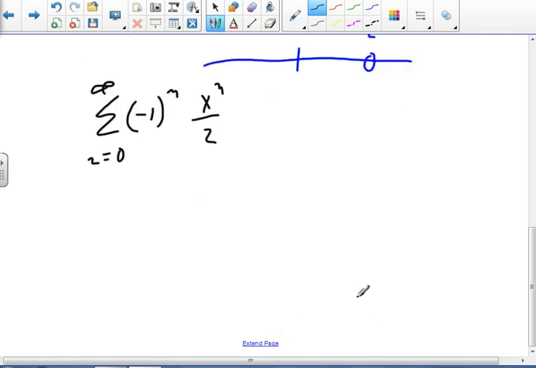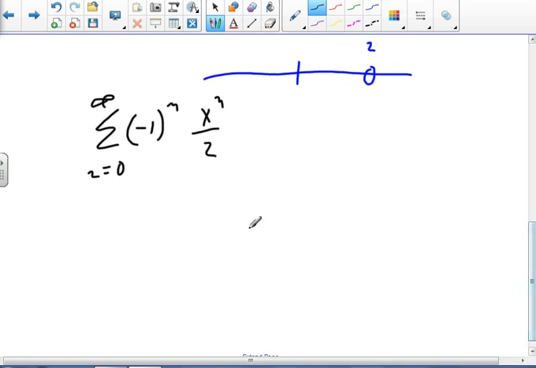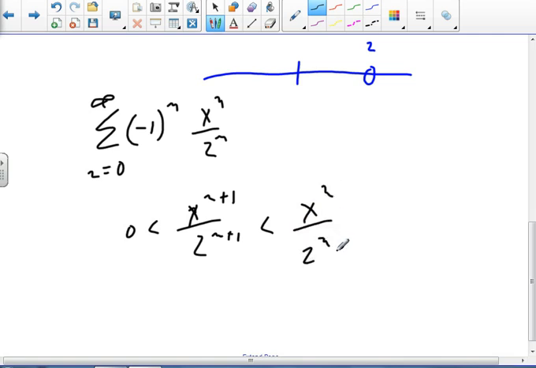Okay, so now I'm looking at a series that's alternating. Okay, so I need 0 to be less than x to the n plus 1 over 2 to the n plus 1, less than x to the n over 2 to the n.